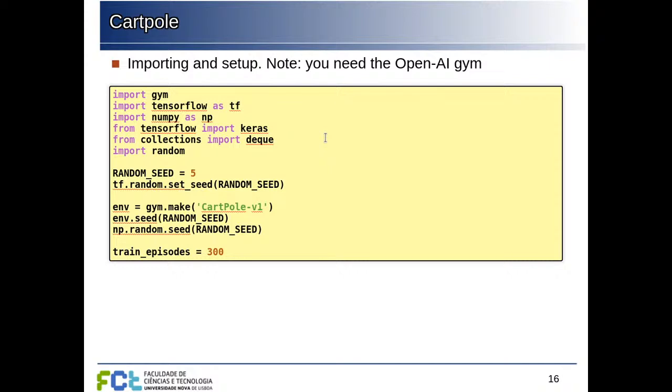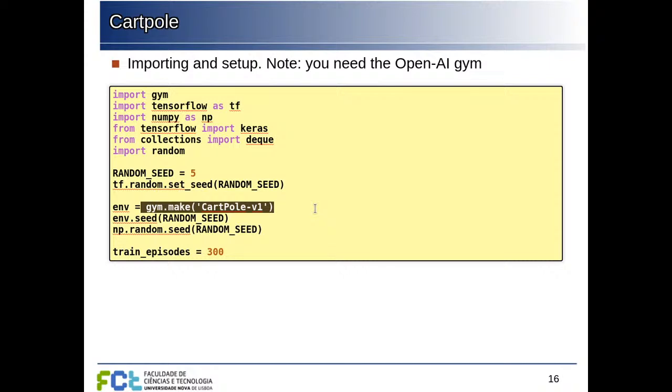And as you keep appending new elements, if you start going over the maximum size, the deque will discard older elements automatically and keep that size. So this is where we're going to store all the experiences we gathered so far, and we're going to store a large number, 50,000 experiences, from which we're going to sample the training batches. But we're going to add new experiences as the training progresses.